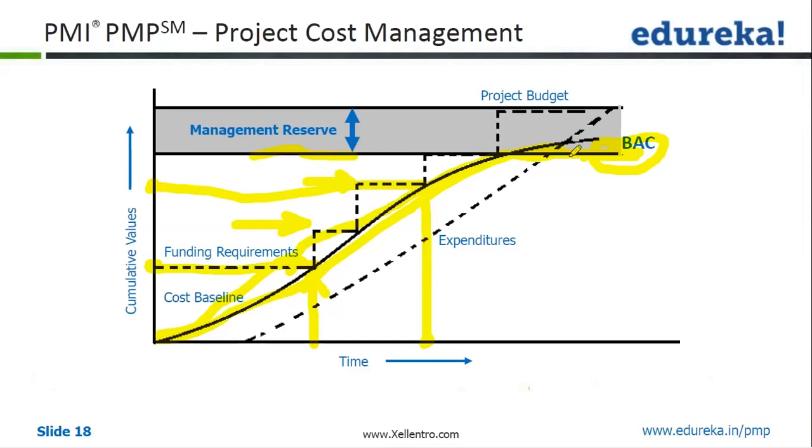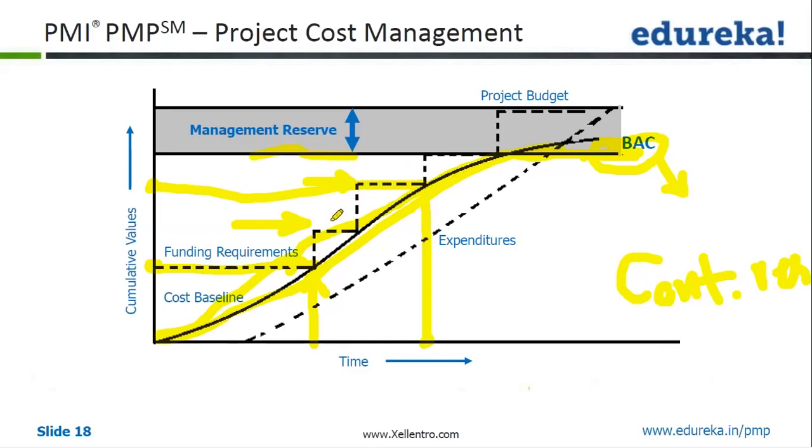So the cost baseline will have budgeted actual cost as the highest point. The budgeted actual cost will consist of your contingency reserves. So when I talk about cost baseline, it consists of contingency reserve in terms of cost, and that's about it.